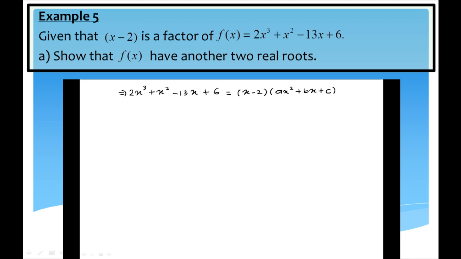Why do we assume a quadratic here? Because when we multiply this quadratic expression with x minus 2, say x times ax squared, we will get a cubic expression. So we can use the method of comparing coefficients after this.